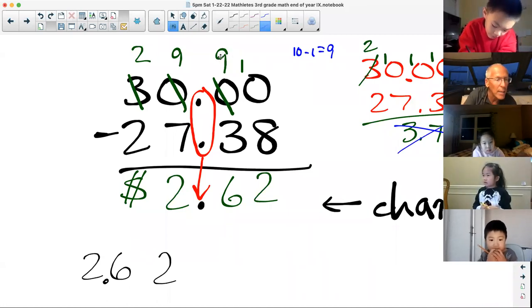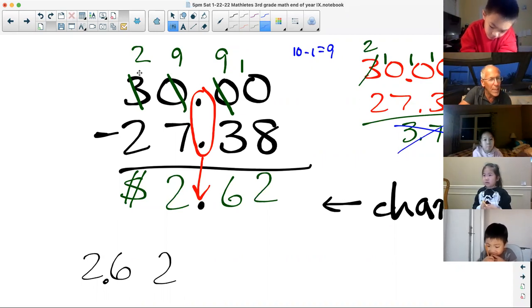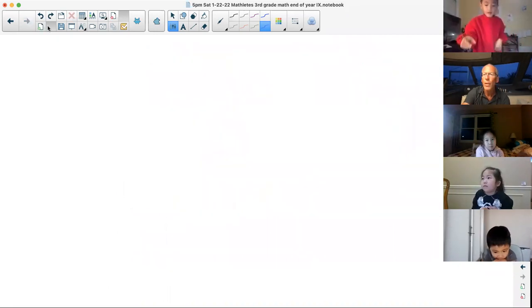So we make it a 9. But then we have to keep borrowing and we make this 10 a 9. And then we have to borrow again to make that 3 a 2. 9 minus 7 is 2. 9 minus 3 is 6. 10 minus 8 is 2.